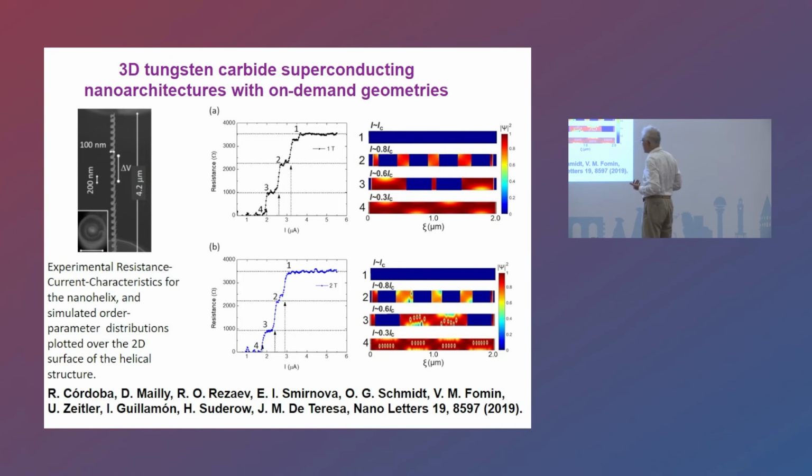And this is an experiment which was already discussed by Professor Cordoba in our session, when the experimentally observed steps in resistance as a function of the current in such a nanohelix was explained by the occurrence of a few or more phase slips in half windings of this helical structure.